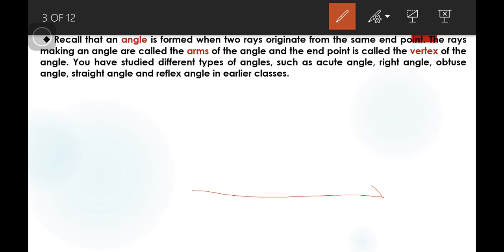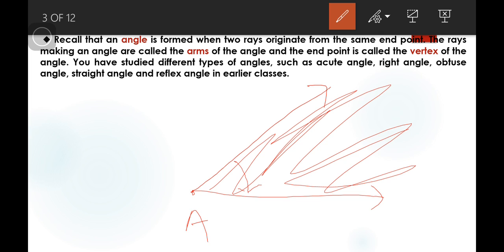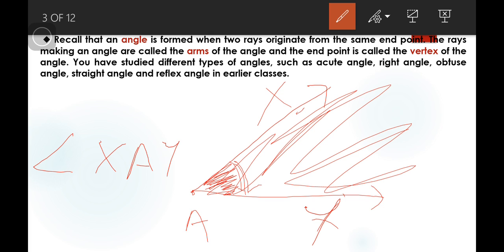Two different rays starting from one vertex, and the area between them is known as an angle. With points X and Y, we denote it as angle XAY. So in this way, we know what an angle is.